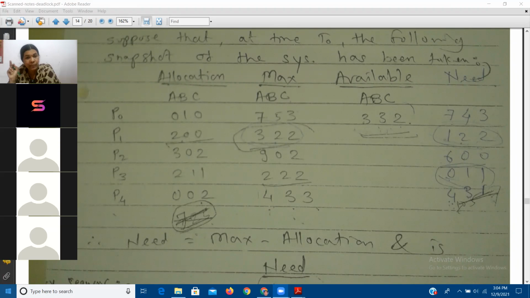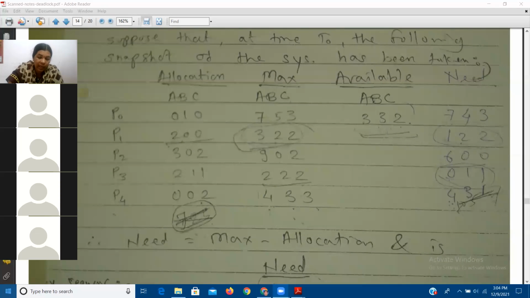येस स्टुडंट्स? Yes, ma'am. हा, पहिल्यांदा किती होते अवेलेबल सिस्टीम कडे? 3, 3, 2 होते. त्याच्यातले आपण अलोकेट केले 1, 2, 2 आणि ते अलोकेट केल्यानंतर सिस्टीम कडे राहिले 2, 1, 0. आणि त्या 2, 1, 0 मध्ये आता P1 ने रिलीज केलेले 3, 2, 2 ऍड होणार, राइट? सो नाउ द अवेलेबल विल बी 5, 3, 2.